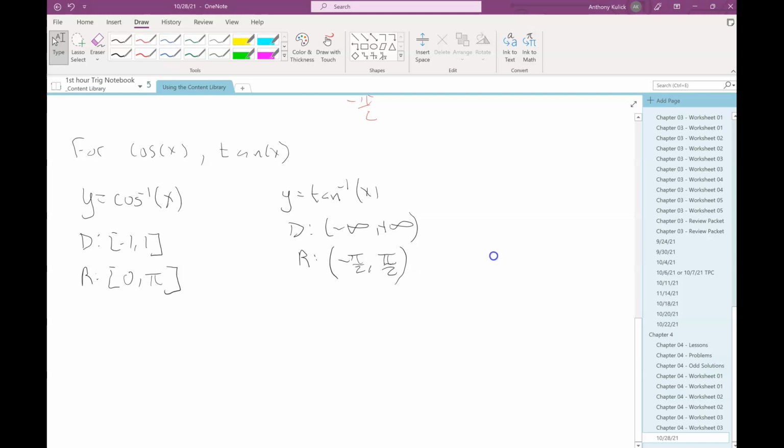And then they're going to output an angle measure. Now, because of how we restricted the domains to make a function, the outputs, the ranges for sine inverse and cosine inverse are different, just because the graphs are different shaped, right? That's kind of what you're asking?